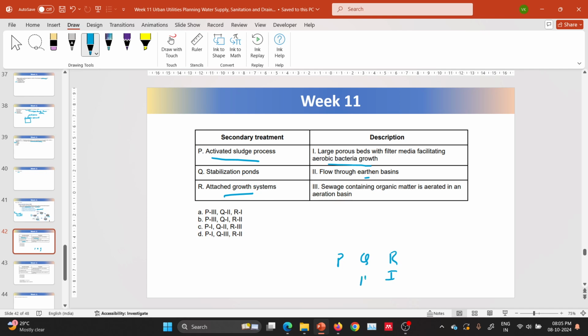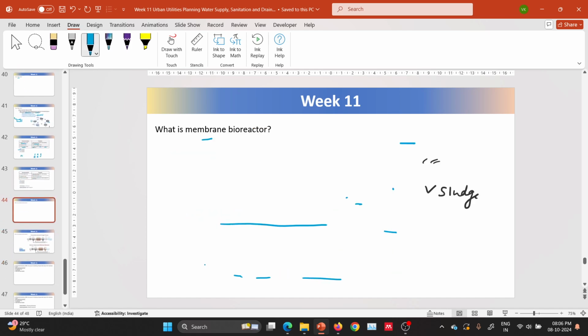Q is second. So P should be third. Let's see. Sewage containing organic matter is aerated in an aeration basin. Yeah, so P is third. So the answer will be 3, 2, 1. The answer is A.